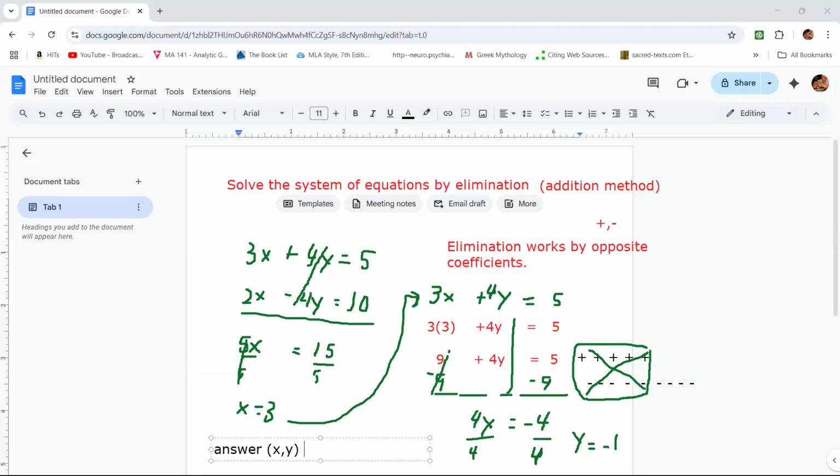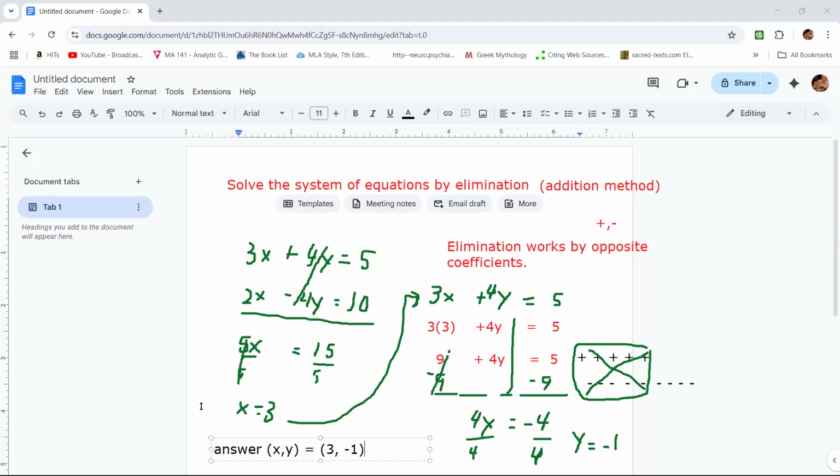So that answer is going to be 3, -1. Okay. 3, -1 is my answer here. You can check this if you want to make sure that your answer is correct.